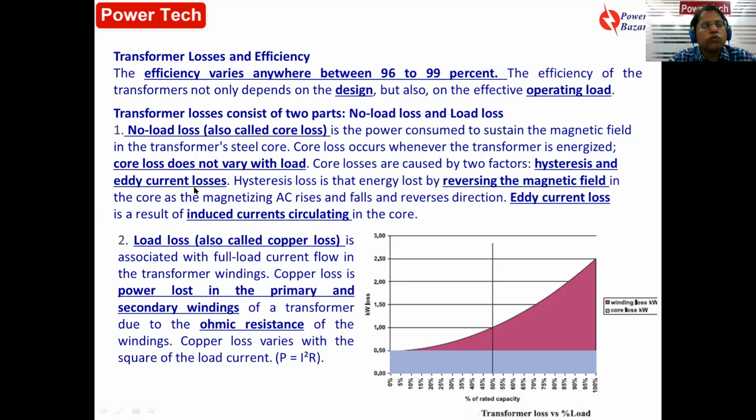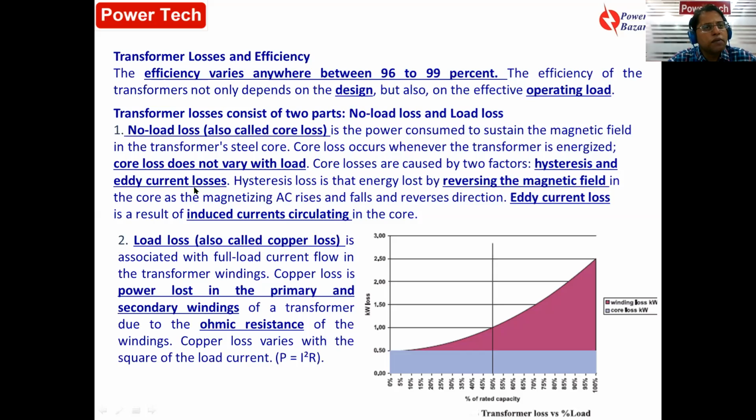When a magnetic flux is created, since it is alternating in nature, and the core is particularly a silicon iron based material, it has some resistance, because of which a circulating current flows in the core.